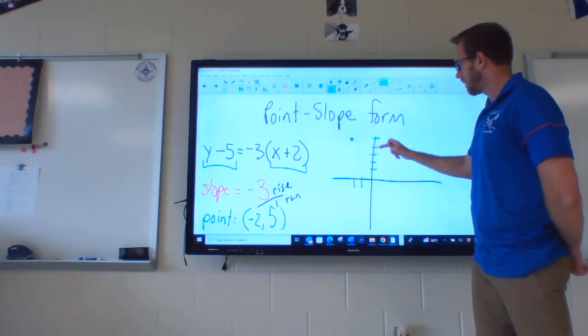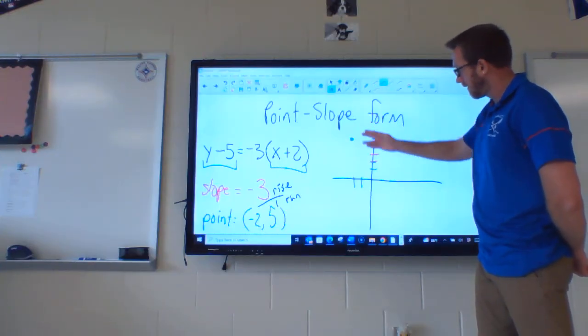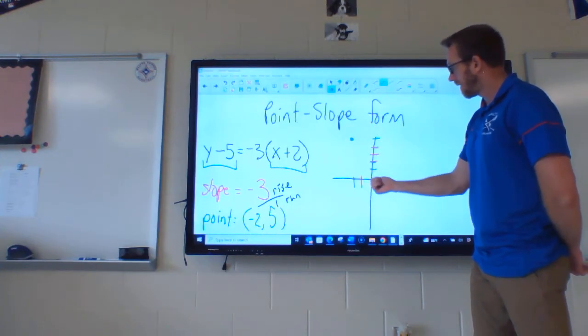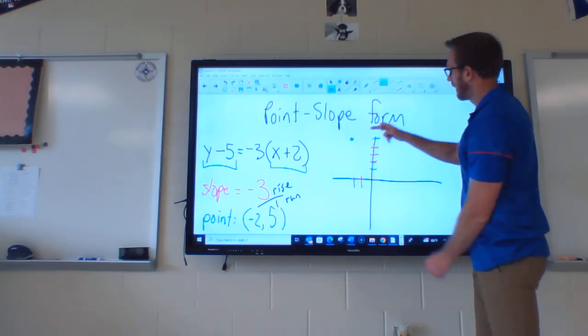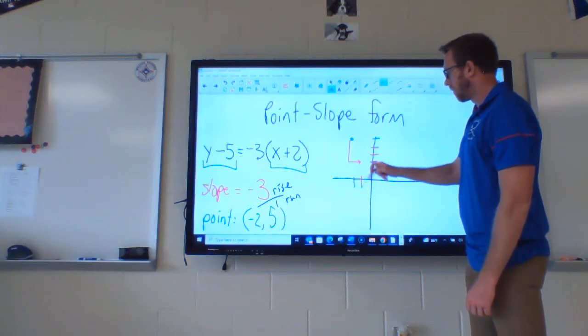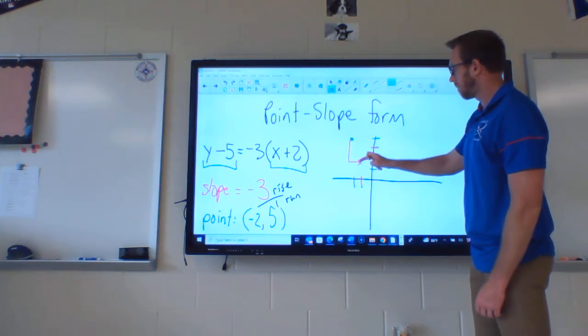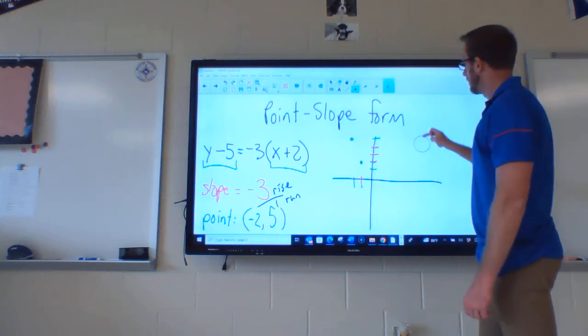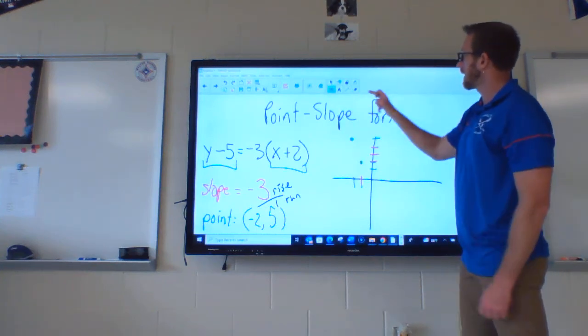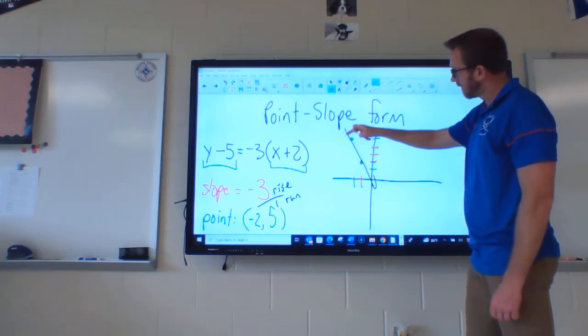So I go down 1, 2, 3 from that starting height, and over 1 from that x starting location, right? It went over to the right 1, down 3. So it went down 3, over 1. Okay, and that's how we get to this point right here. And we connect that into a line.